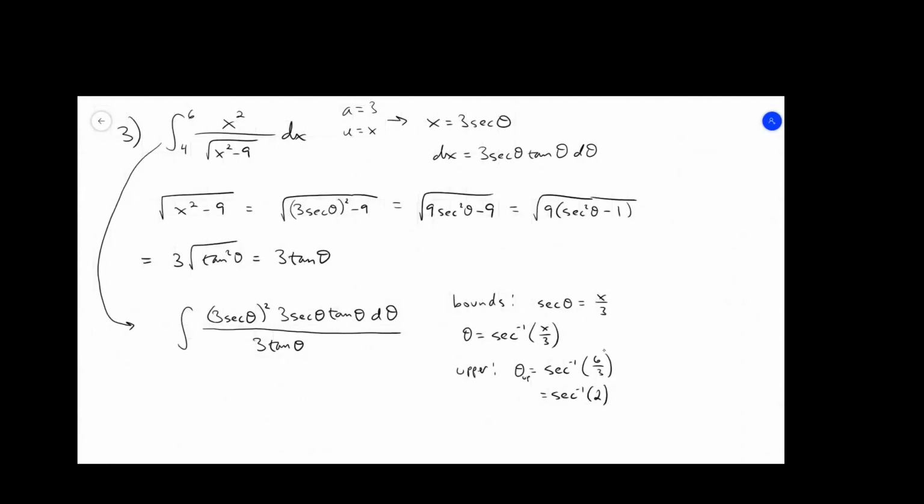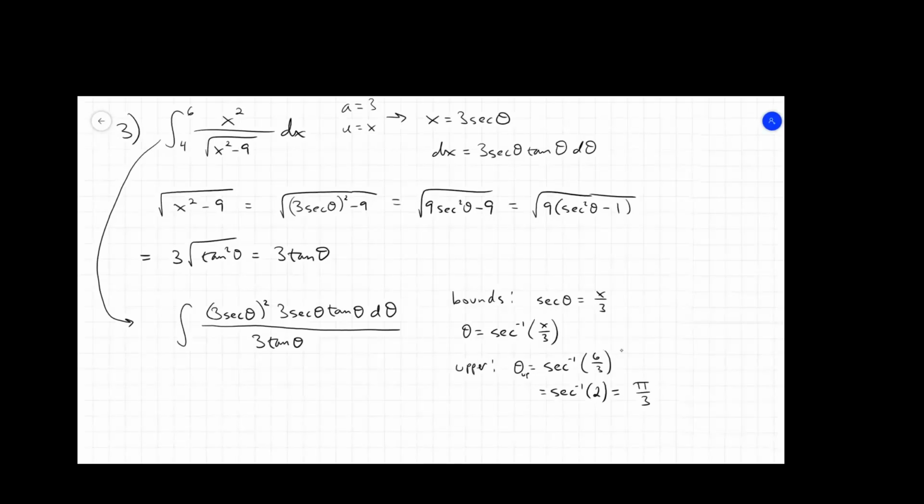For the people who are remembering their trig, that's the same as the angle whose cosine is equal to 1/2. What angle has a cosine that's equal to 1/2? If you're thinking about your unit circle, I think it's pi over 3. That means that's my new upper bound, pi over 3.